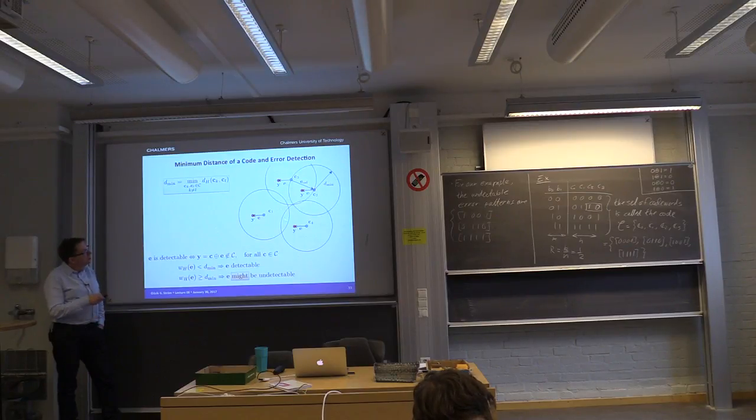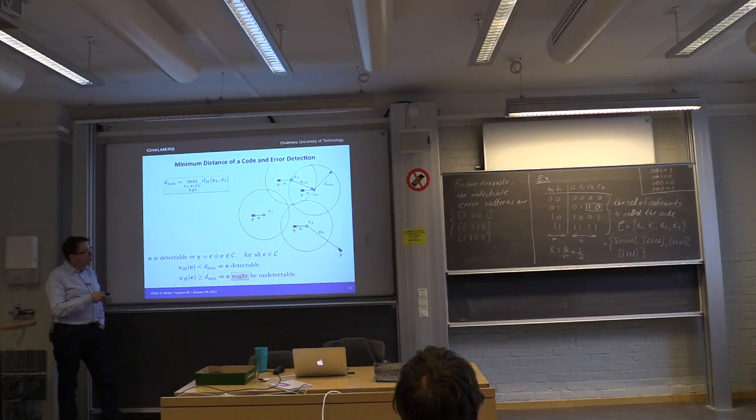So for instance, this error is undetectable. That is, if we transmit C3 and the error pattern occurs, then we end up at C2 and we will not be able to detect that error. And we see that this error happens to have a Hamming weight exactly equal to the minimum distance.